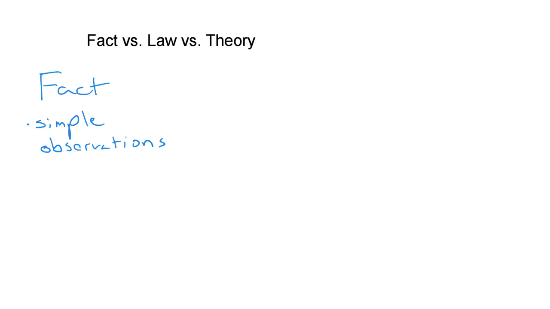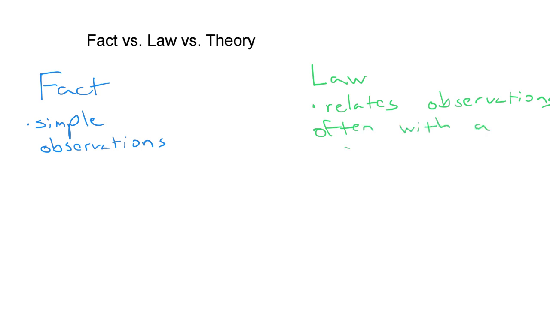A law is an attempt to relate different observations, and often it's in the form of some sort of equation. So it relates observations, often with a formula.